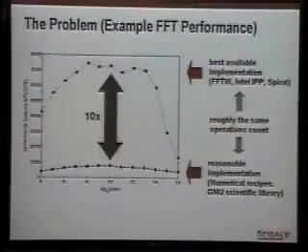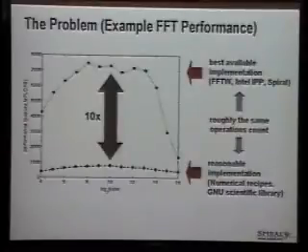The important point is, first, there is a 10x difference. And second, the difference is not because these people didn't know how an FFT works. They looked up an FFT, they implemented an FFT, and the operations count is roughly the same, the same number of operations. So that means there are other things going on besides just picking some fast algorithm, fast in the sense of minimizing the number of instructions.